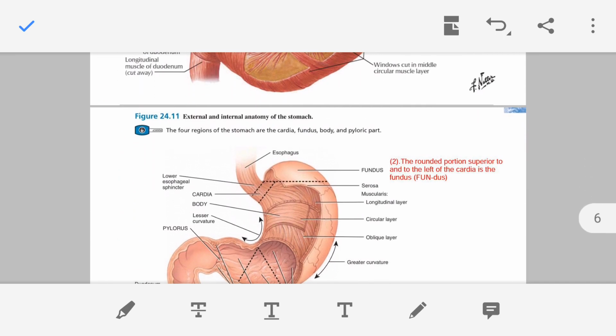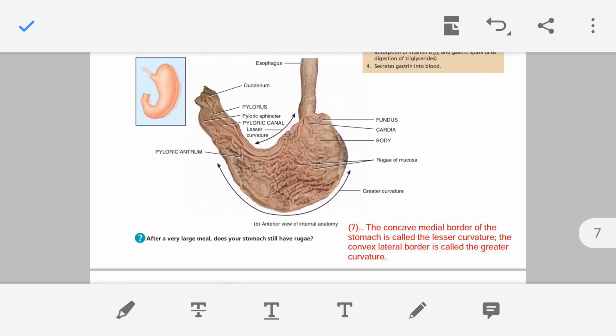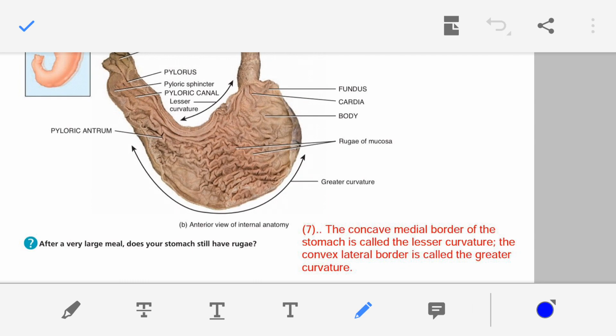Now moving on to the seventh and last point of our discussion. The concave medial border of the stomach is known as the lesser curvature. As you can see here, the name is written.